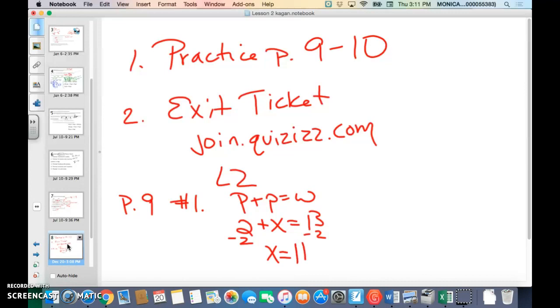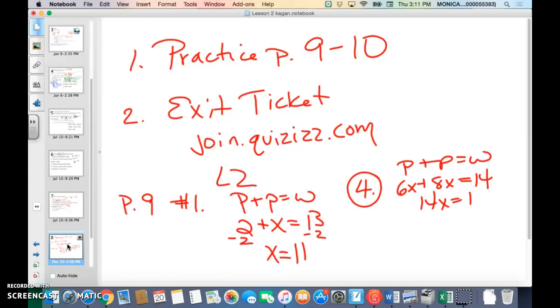If we're looking at number 4, they're just getting more complex in the way the equation's written. So I've got part plus part equals whole. So one part is 6x, the second part is 8x, and the whole is 14. So this is 14x equals 14, and as I can see, x is going to equal 1.